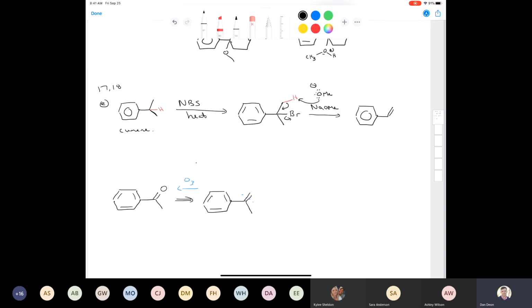And then all we have to do is the ozonolysis process. And what's the ozonolysis process? The first step is to treat the molecule with ozone, and the second step is to treat it with dimethyl sulfide, like that. And that's going to give us our desired product, which is acetophenone, like that.